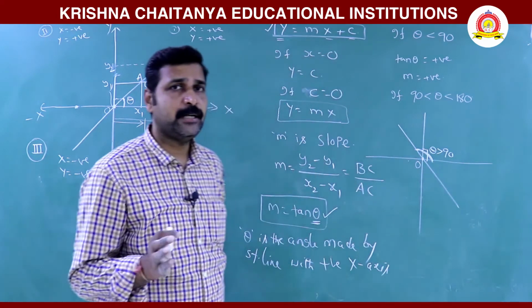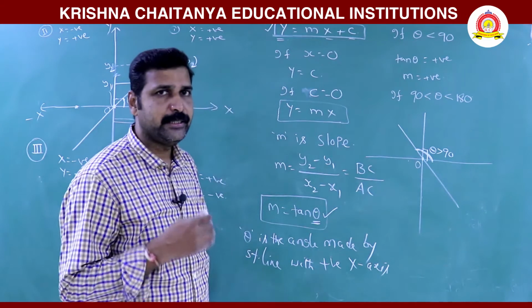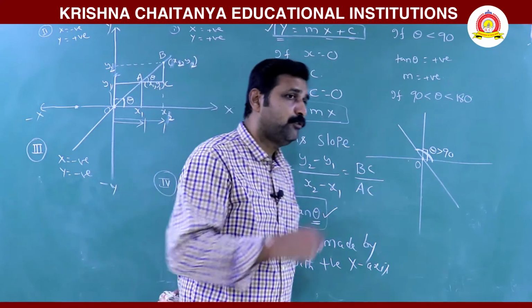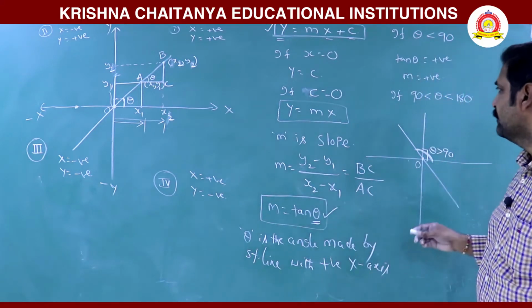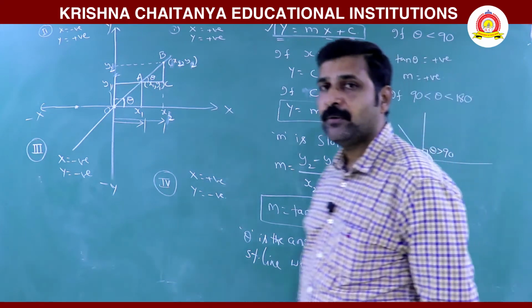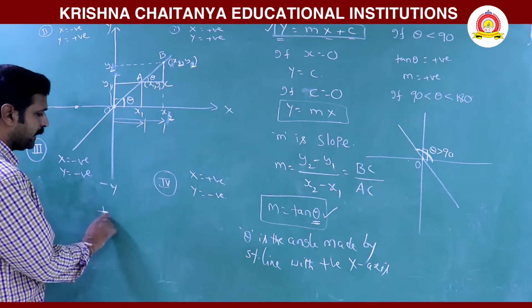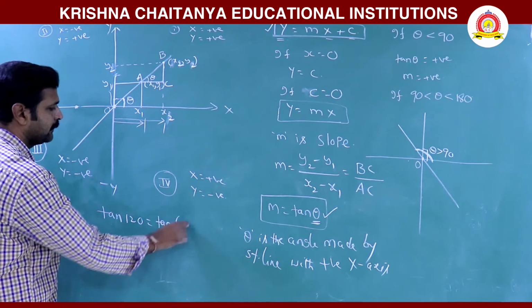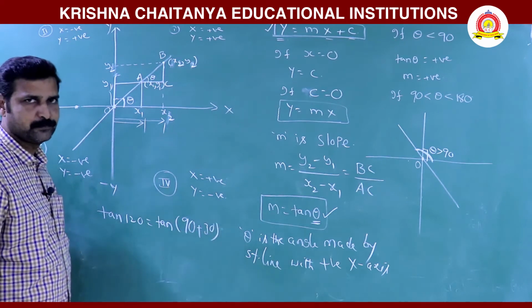So for theta greater than 90, if you take tan 120, just as an example, it can be written as tan of 90 plus 30.